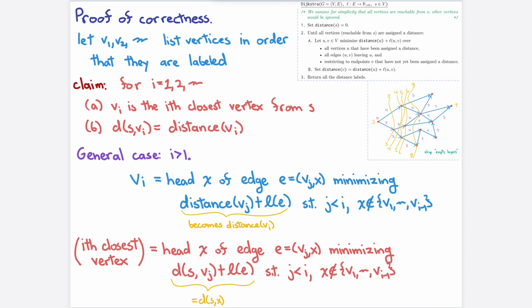In terms of true distance, for the actual 10th closest vertex, whatever comes before has to be closer to S. So if I looked at all the vertices that are actually closer and add an edge to get to me, that will capture whatever is the walk to the 10th closest vertex.